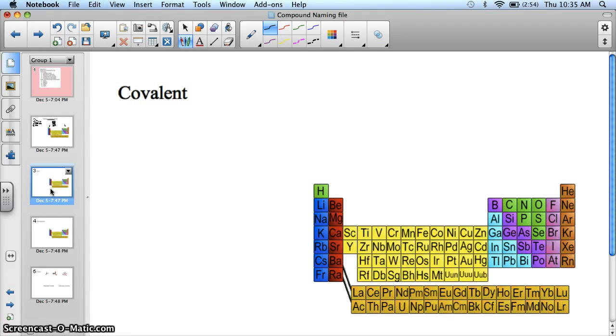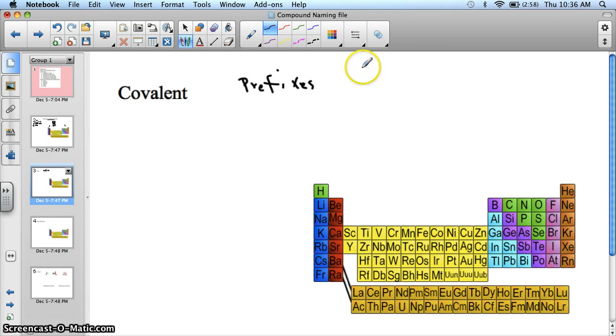And you know, many of these are just logical, but it's the covalent bonds that have the prefixes. So I'll put prefixes up here. These prefixes are numerical prefixes.